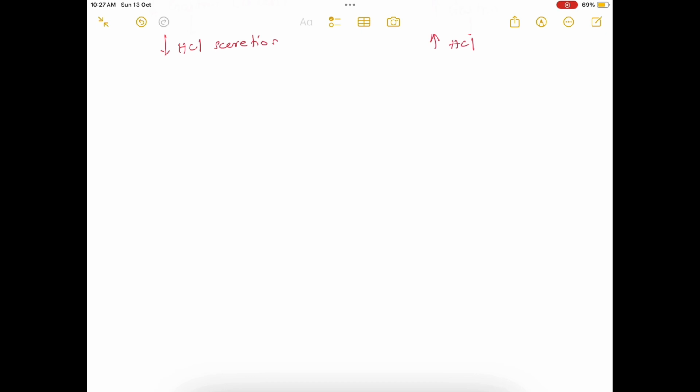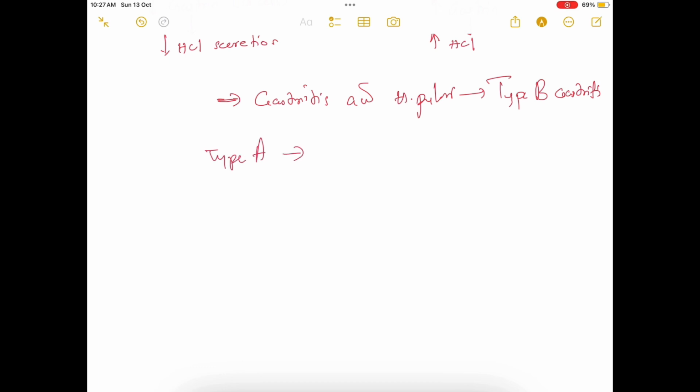So the gastritis associated with H. pylori is called type B gastritis. So let's see what is type A. Type A typically means autoimmune. So A for autoimmune.